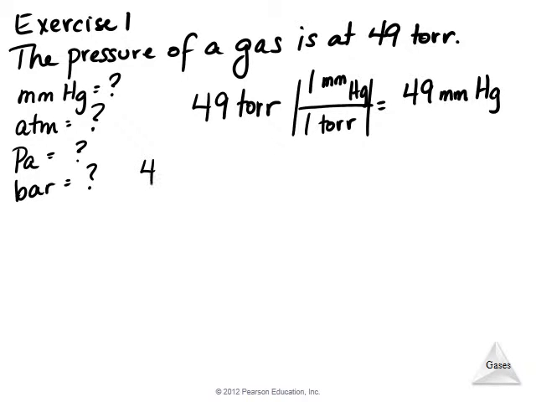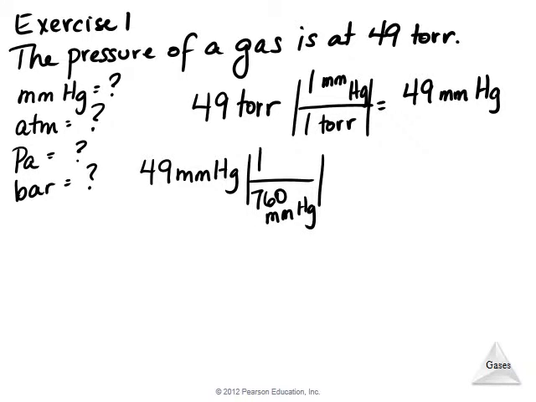So I know that 1 atmosphere is equal to 760 millimeters. Whoops, put that in the wrong spot. Sorry about that. 760 millimeters of mercury are equivalent to 1 atmosphere.